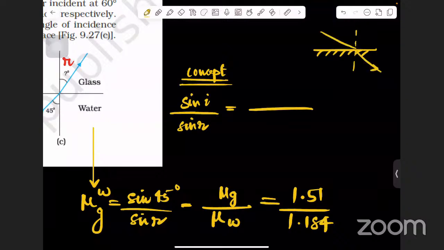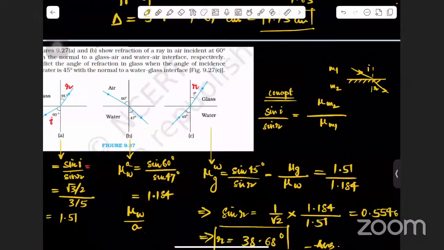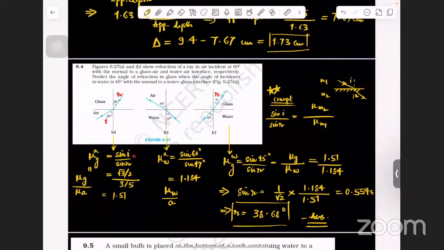The ray is coming like this, getting refracted like this. This is I, this is R, this is medium 1, this is medium 2. Just do the reciprocal. I is in what medium? It is in M1. So you have to write the refractive index of medium 1 in the denominator, and here, medium 2 in the numerator. Okay. So just remember this concept and you can easily solve these questions.